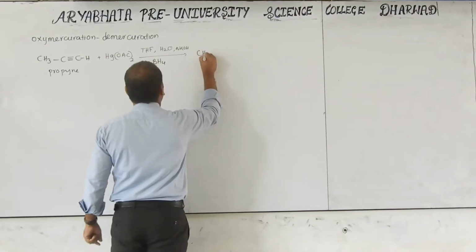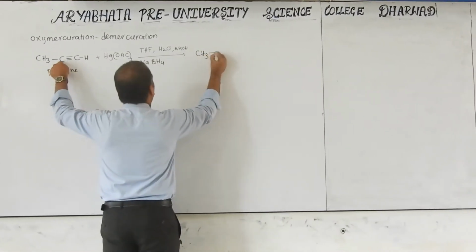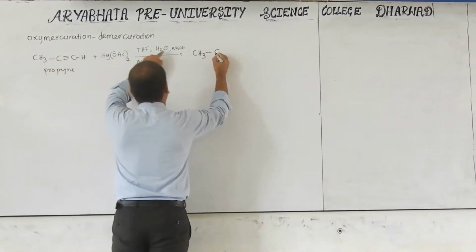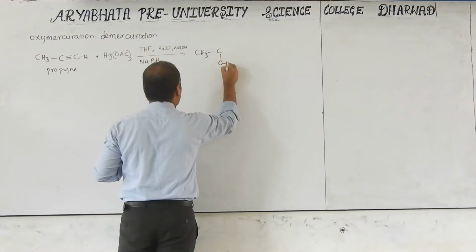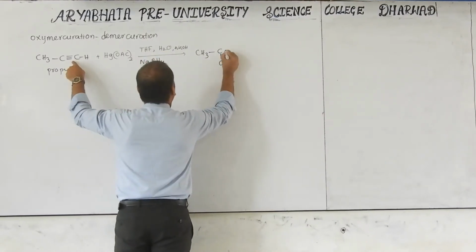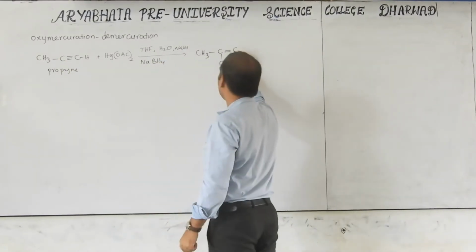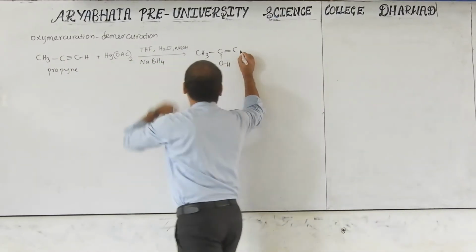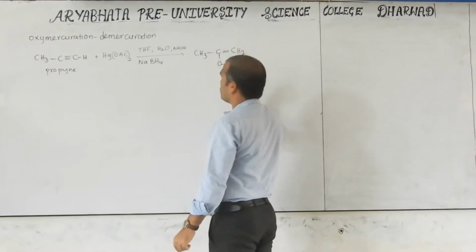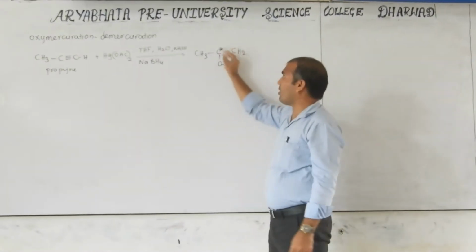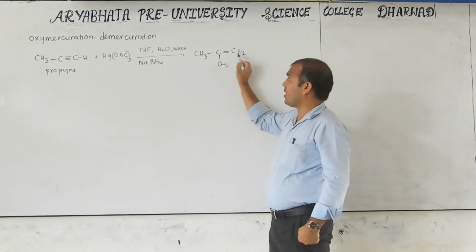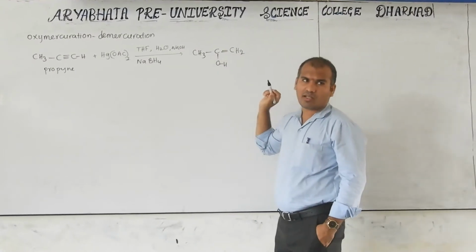Then we will get CH3, then the negative part OH, and here a double bond. When the OH bond forms, one of the bonds is lost, and one H will come to the carbon which already has H, so it is CH2. This is a vinylic alcohol type, CH3C(OH)=CH2.